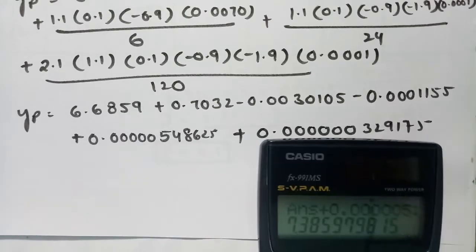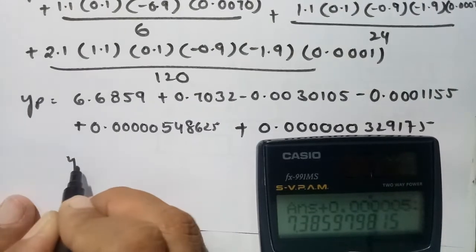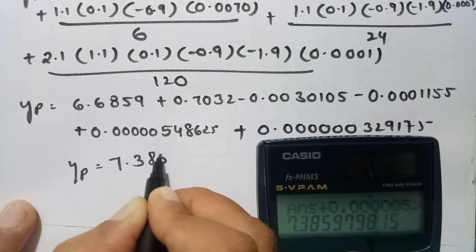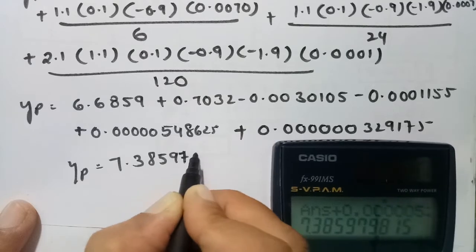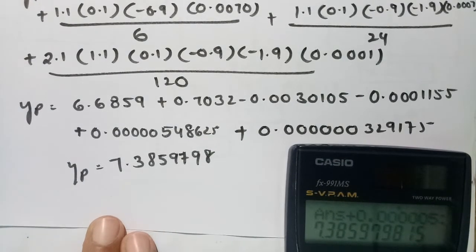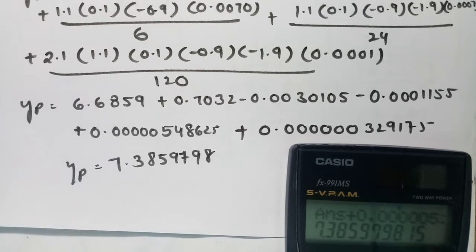The value here is 7.3859798. So YP value is equal to 7.3859798. So this value we got is 7.38 like this. And this is how we have to solve.